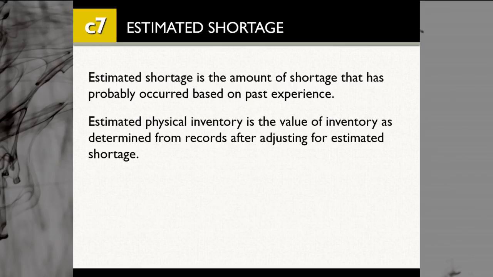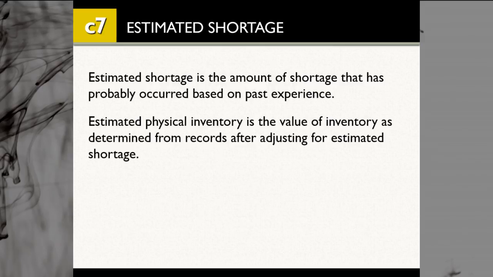Then you can also estimate your shortage based on your past experience. When you calculate this shortage percentage throughout the years, you can have a record of your shortages for every previous year. So the estimated shortage is the amount of shortage that has probably occurred based on past experience.